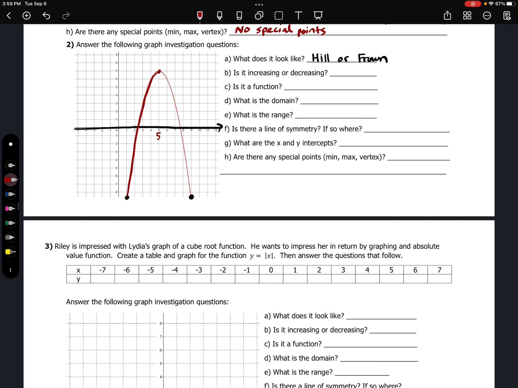So we could say it increases until you get to x equals 5. And then what happens here? Now it looks like we're going downhill, right? So when you're going down, you're decreasing. So it's increasing until x equals 5, then decreasing.